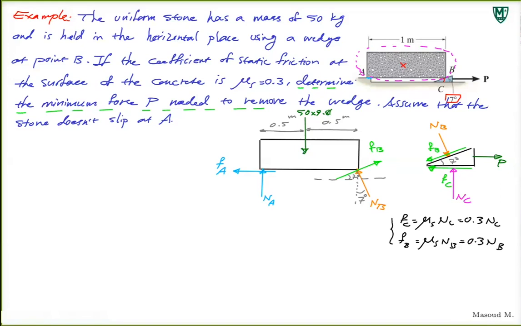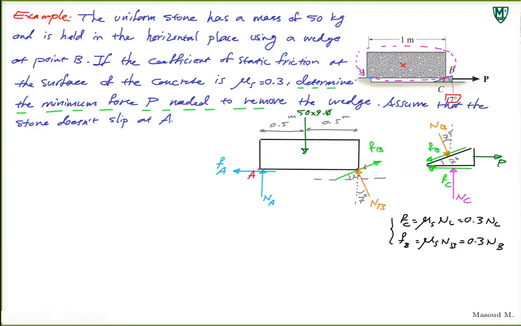Now let's see what we can do here. We are trying to find P. Now P is on the wedge. Looking at that, 7 degrees. Let me also put the points so I can refer to them.